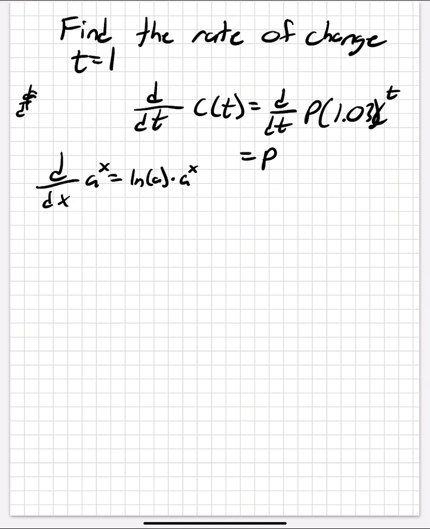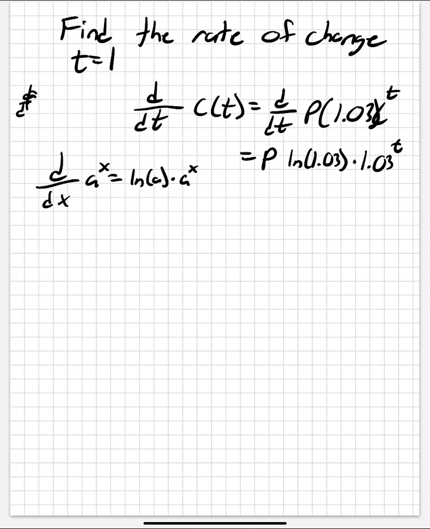So my derivative is P times the natural log of 1.03 times 1.03 to the t power. That is the derivative of my function, which will tell me my rate of change.